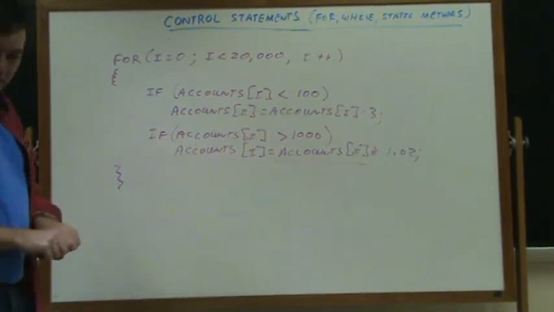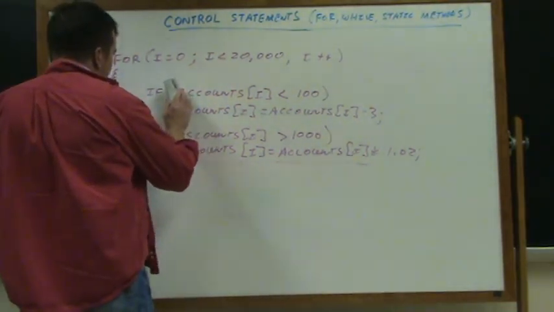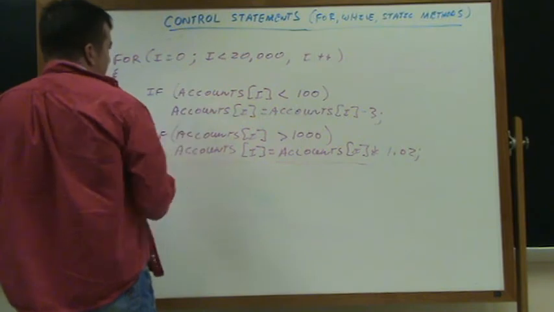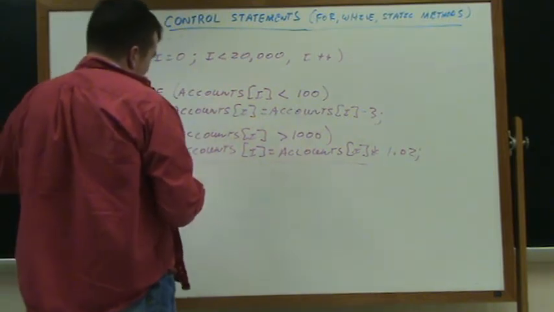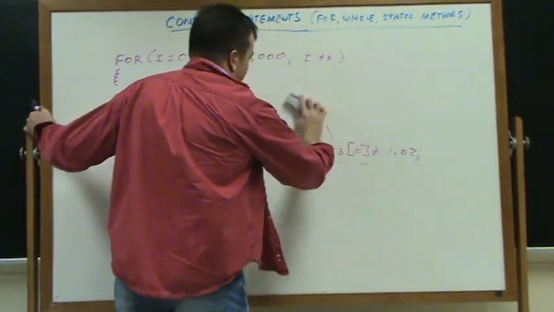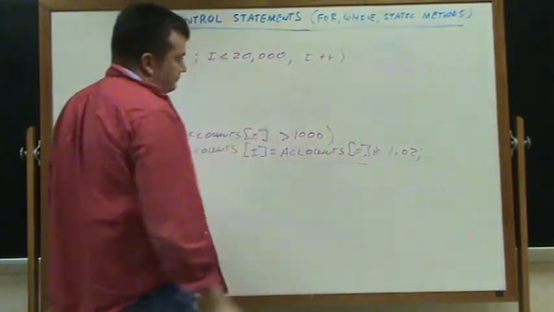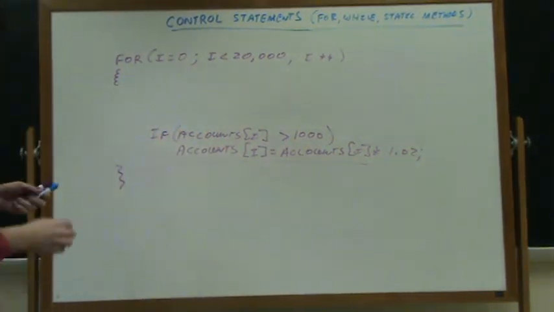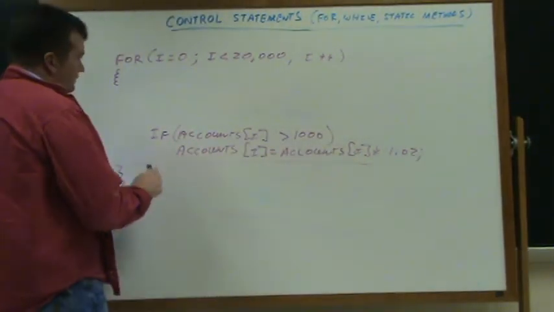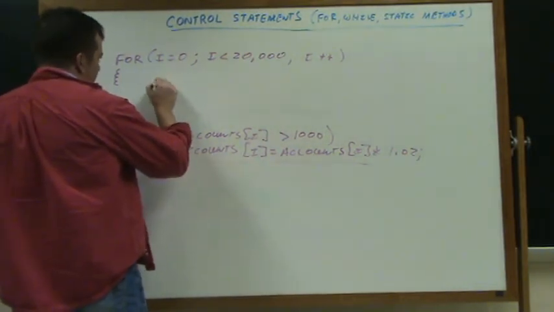So it might be good if we could somehow do this. Instead of subtracting a fee, suppose we were able to just say something like this. The thing I just erased, I'll say charge fees.